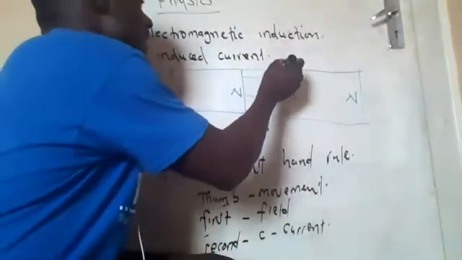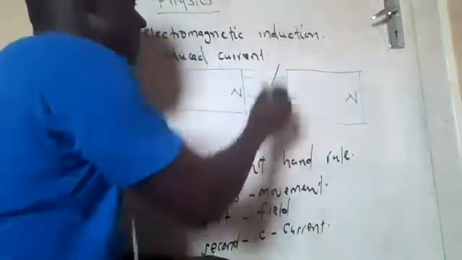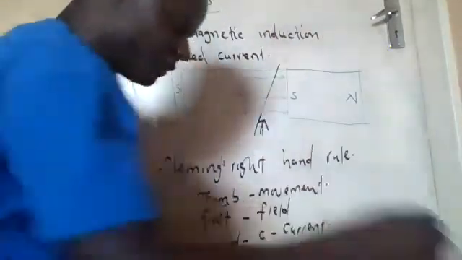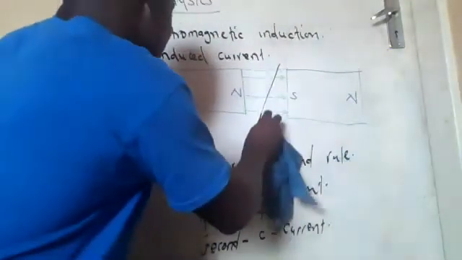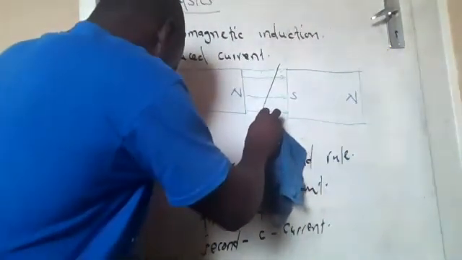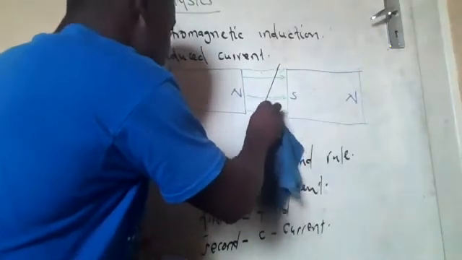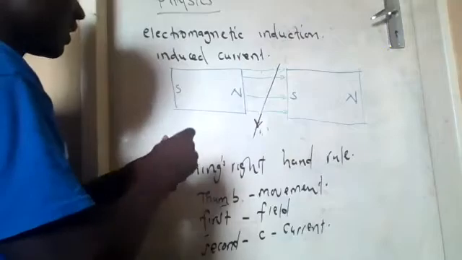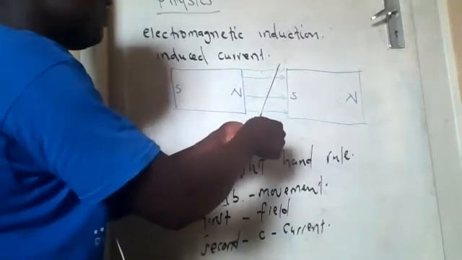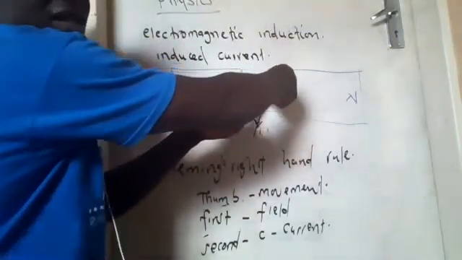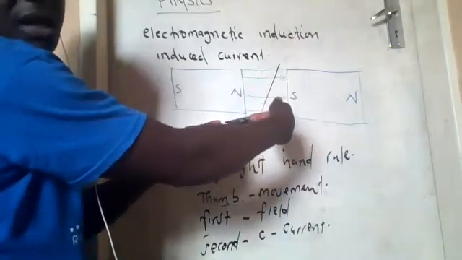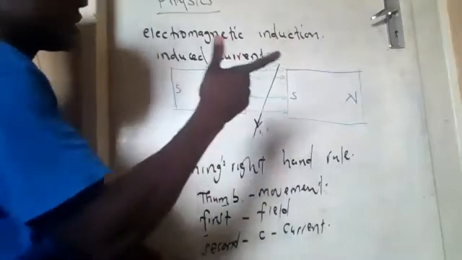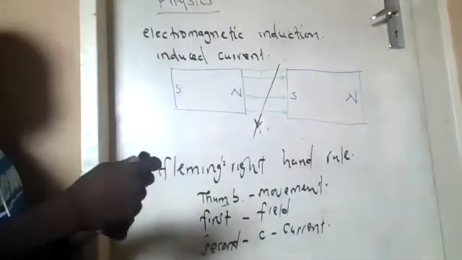So if you have a wire here which is going in an upward direction like that, you will find that the current will be flowing in a downward direction. So that is how we can determine the direction using the right hand rule.